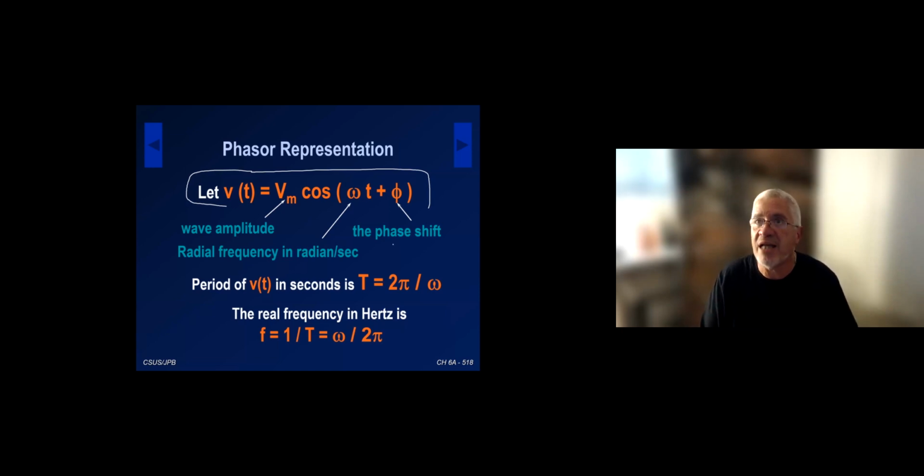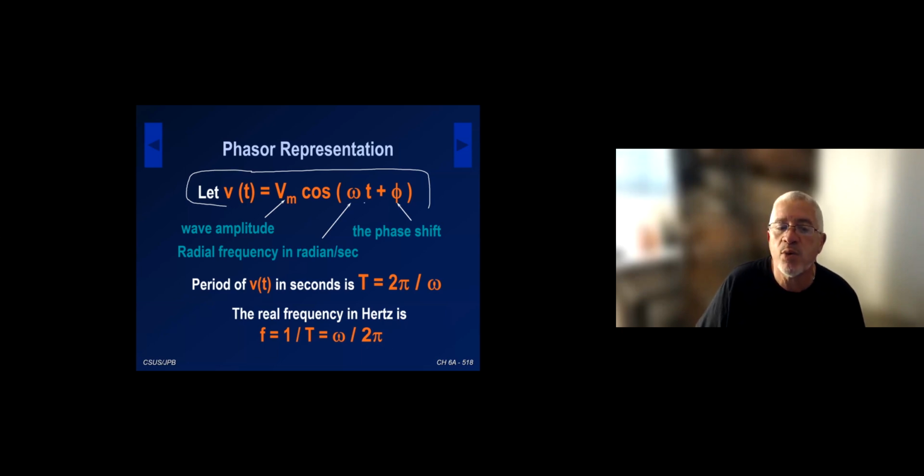This class of circuits is the same class that your home electrical outlet falls under. These are what we call sinusoidal circuits, where you have these signals as sources. In the case of your home, the frequency of 60 hertz is omega divided by 2 pi.